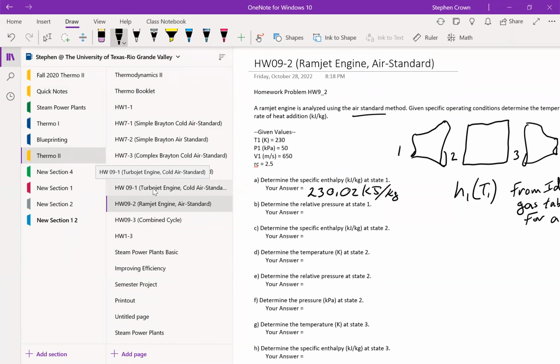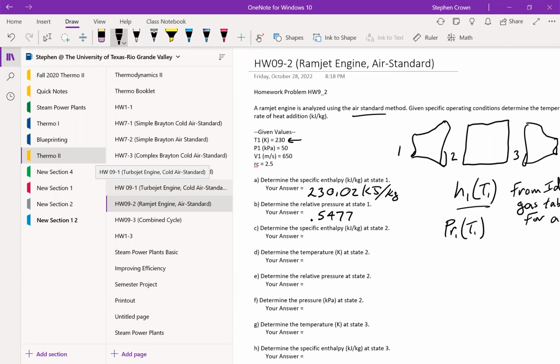That was from the ideal gas tables based on our T1. And the same thing, Pr1 is going to be a function of T1 as well, which is 230, and that was 0.5477, again from the ideal gas tables.